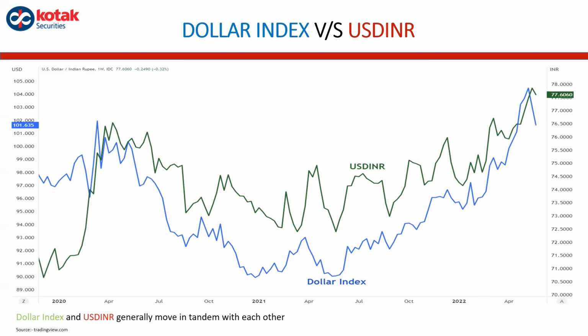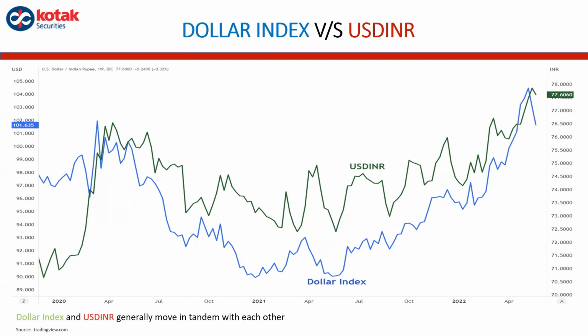The dollar index, also called the greenback, basically tracks the dollar's performance against a basket of currencies. So when we say that the dollar index is moving higher, that means it is outperforming when you compare it to the other basket of currencies, six currencies basically. So if the dollar is appreciating against six currencies, it is appreciating against the rupee as well.